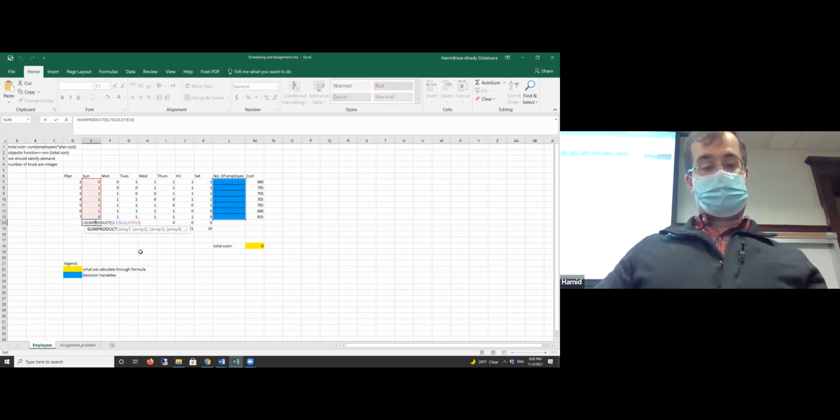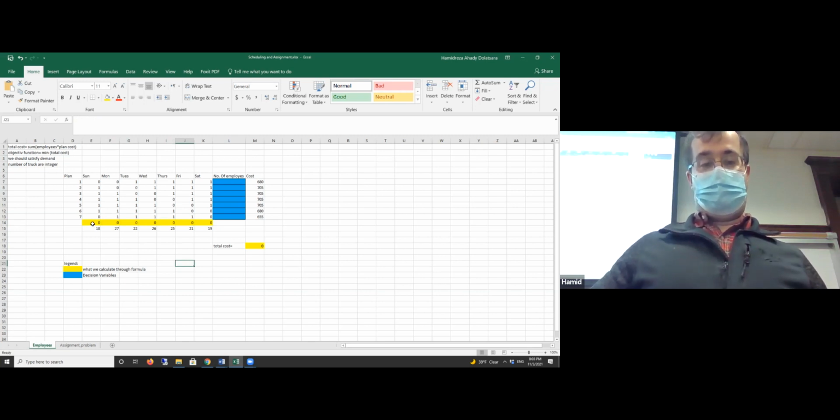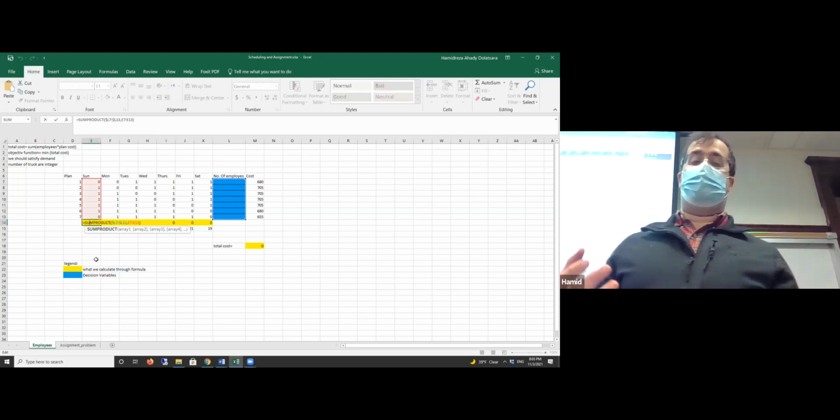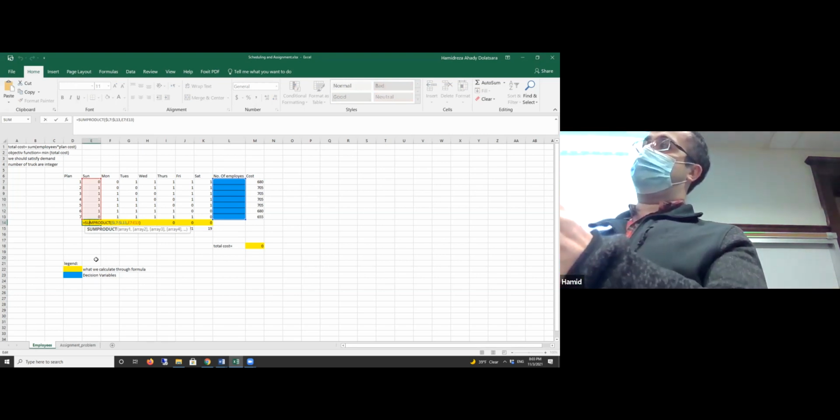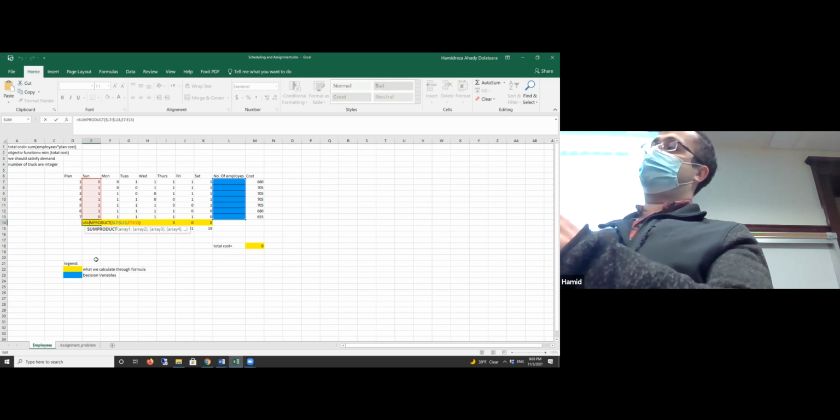So let me change this color to yellow. Each of them means how many Sunday workers come from different plans, times how many of those plans are selected.